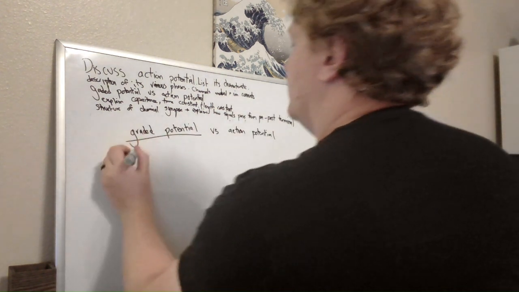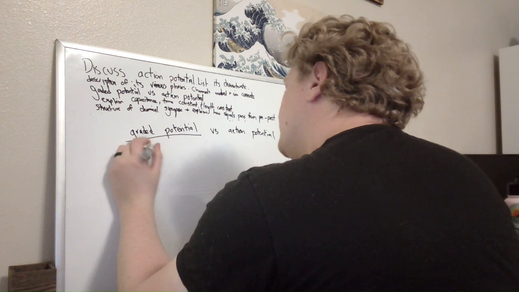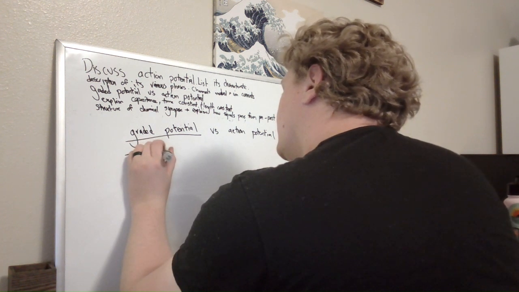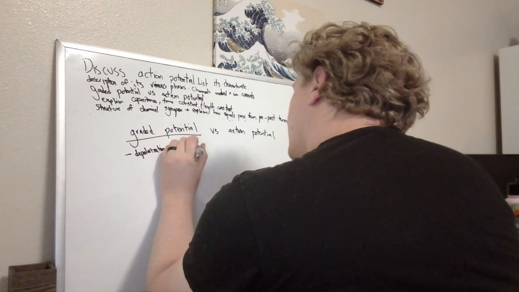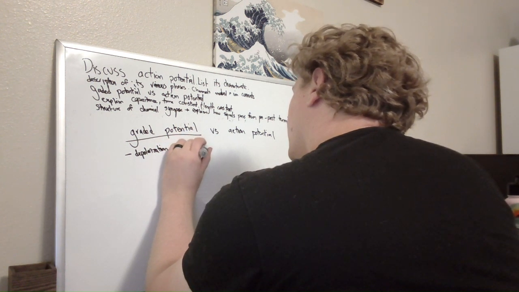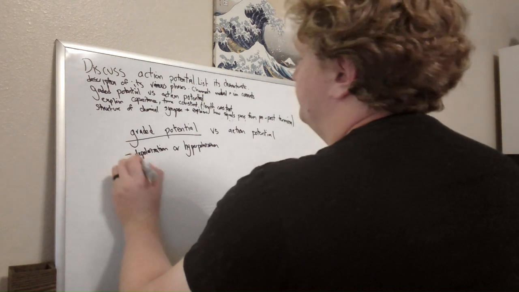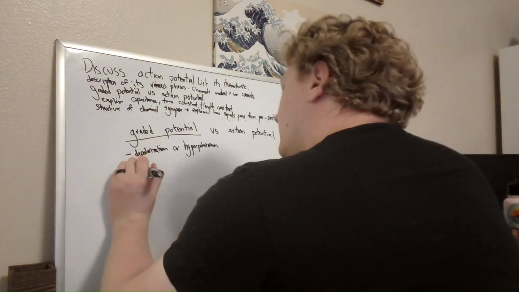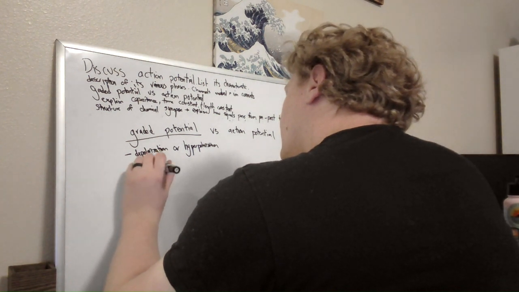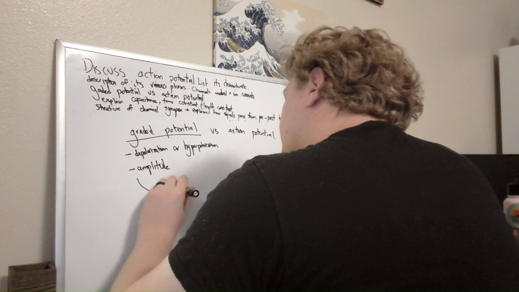So graded potential, it could be depolarization or slight depolarizations or hyperpolarization of the cell or of the membrane. These are marked by their amplitude. And if you get enough of them together, then it can lead to an action potential.